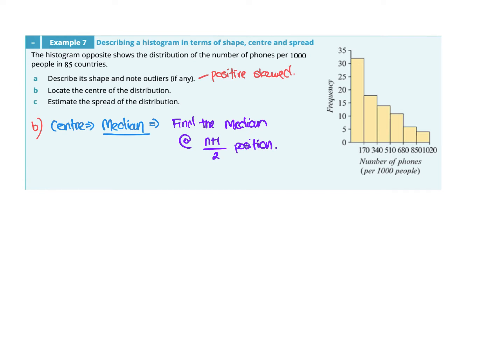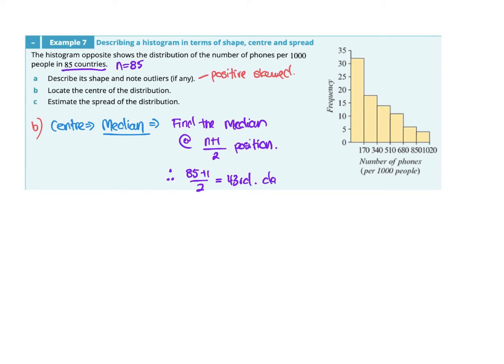They said the histogram opposite shows the distribution of the number of phones per 1,000 people in 85 countries. So n equals 85. You'd have 85 pieces of data in your list that went into the calculator to create this histogram. So to find the median I go 85 plus 1 divided by 2, which gives the 43rd data value.